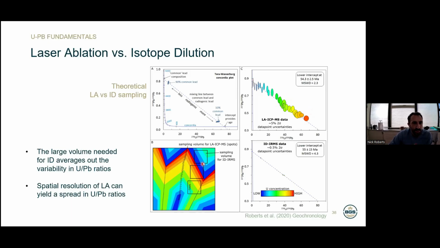With this sort of spatial resolution, the ability to target low and high uranium domains and to get scatter along the mixing line of the isotopes, that's why laser ablation can actually give precise ages. And the other downside of the traditional method is that when you're drilling out enough material to get lead from uranium, you're averaging out the zones. You may in fact be averaging out the zones that you're dating.